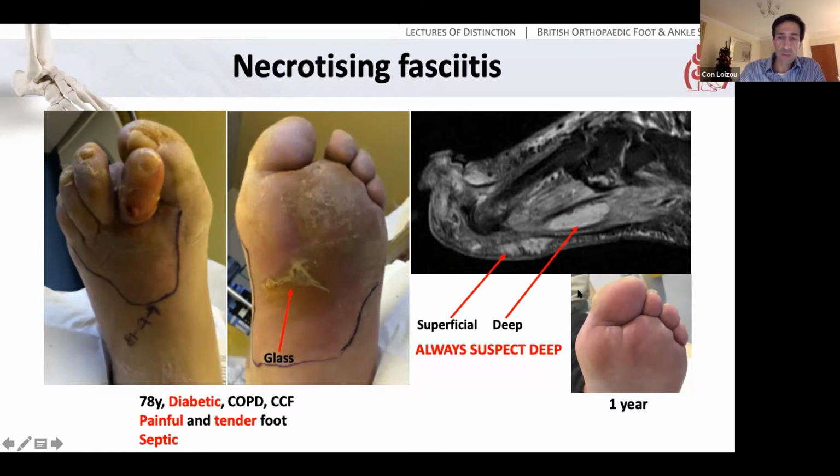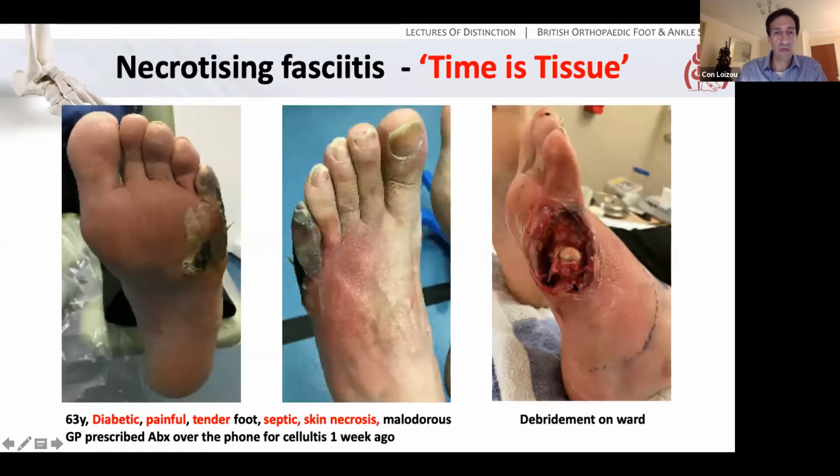But if the patient was left for a few more hours, then you would get into a situation like this, where you have irreversible skin and tissue loss, and hence they say time is tissue. Again, the patient is diabetic with a painful and tender foot and septic, as always, on a Friday afternoon.